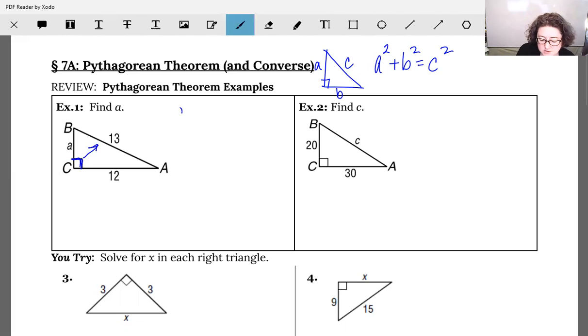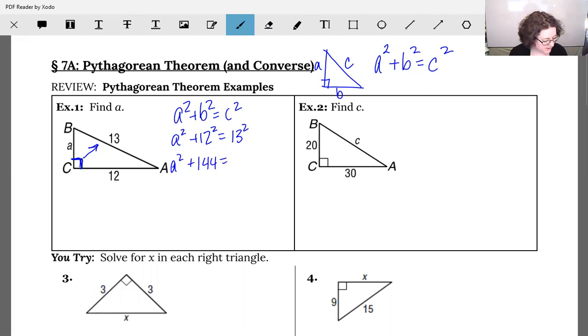So if I fill into my a squared plus b squared equals c squared, I'm just going to use a, since that's our variable in our triangle, plus 12 squared, our other leg, should equal 13 squared. If we multiply that out, a squared plus 144, and then 13 squared gives us 169.